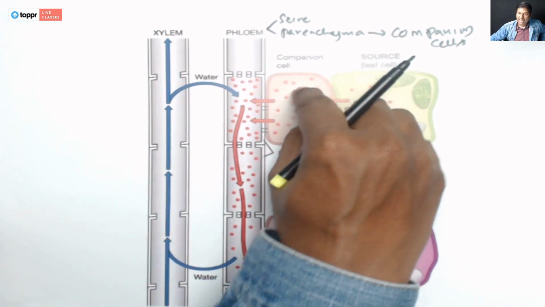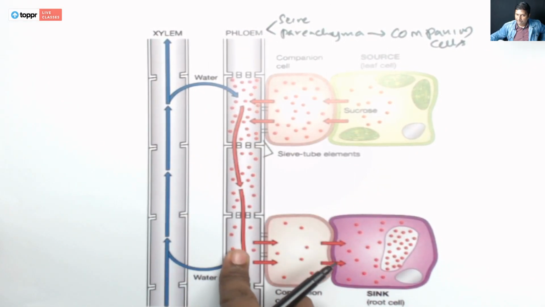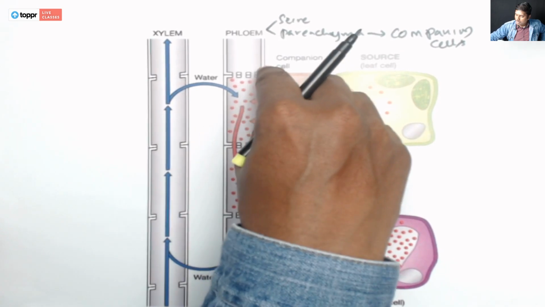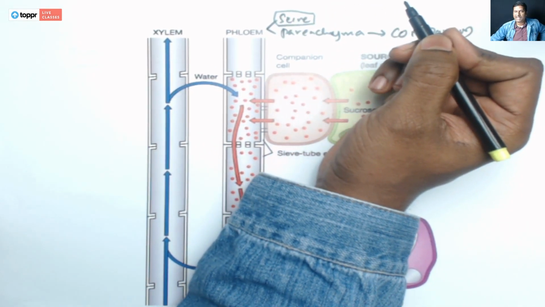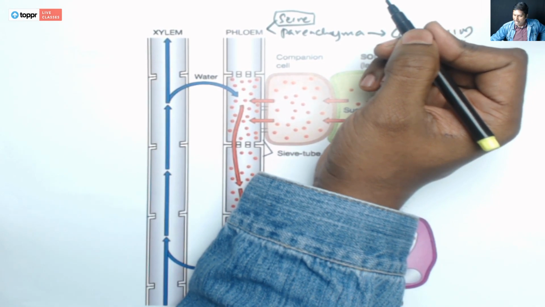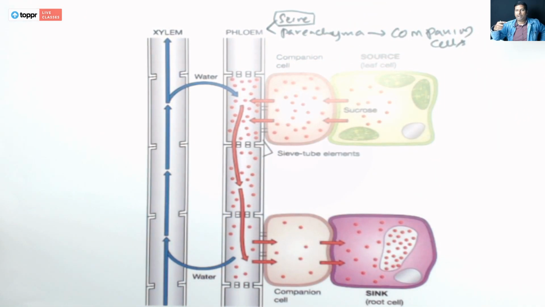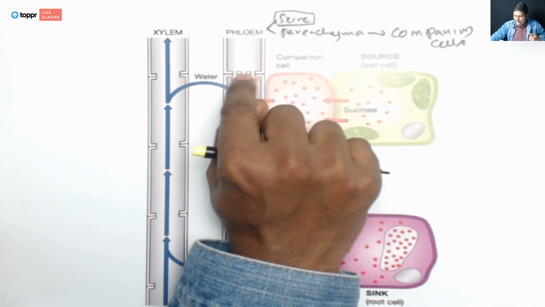So you have your companion cells which are closely associated with your phloem, right? This phloem is made up of, like I said, sieve tube cells or sieve elements, and just like your xylem tracheids and other things, they are also interconnected. What you have here is what we call the sieve plates.